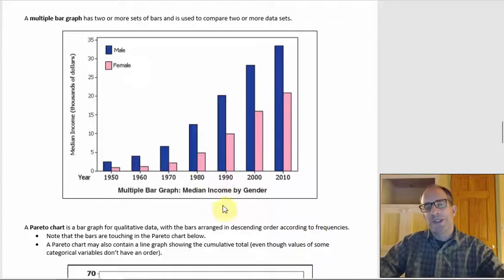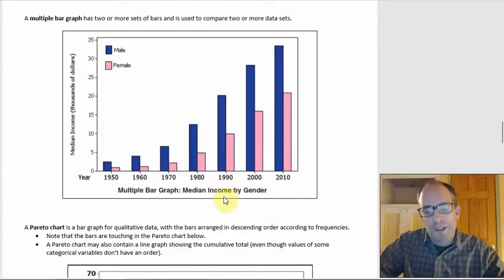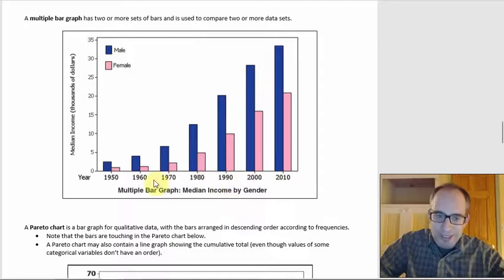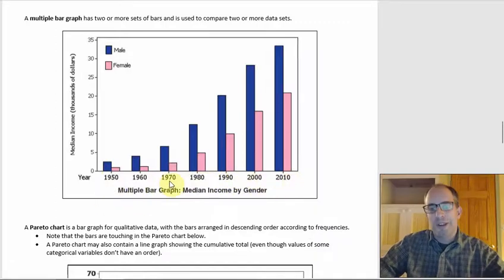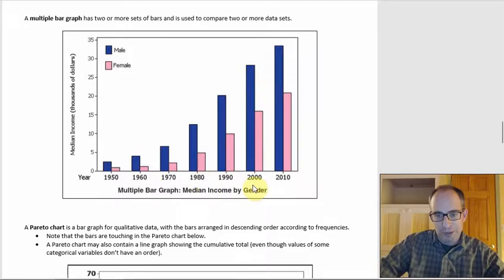So if you're looking at this and thinking, wait a minute, this is about income, that's quantitative. Income is quantitative, but that actually isn't really the thing that we're treating like the variable. We're kind of treating year like it's the variable here.